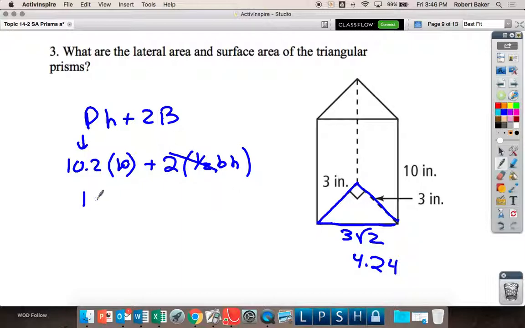I'm going to go ahead and multiply 10 times 10.2. So instead of doing 2 times 1 half times 3 times 3, I'm just doing 3 times 3, because the 2 and the 1 half cancel each other out. So you add those together, lateral surface area, and then total surface area.